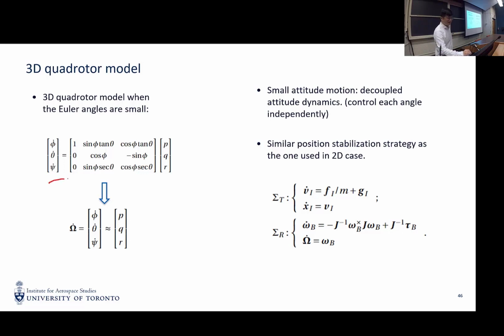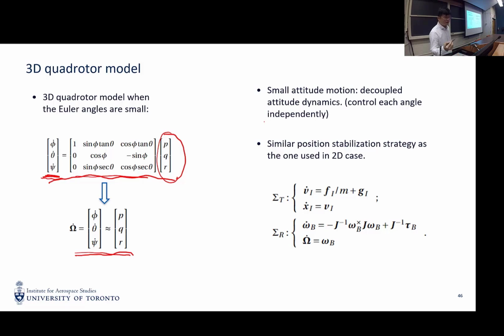The most significant change here is the attitude kinematics. Previously, with a body rate, the rate of change of the Euler angles is a nonlinear function of body rate. But if we make a small angle assumption, it is simplified to a very straightforward, independent and linear relationship.